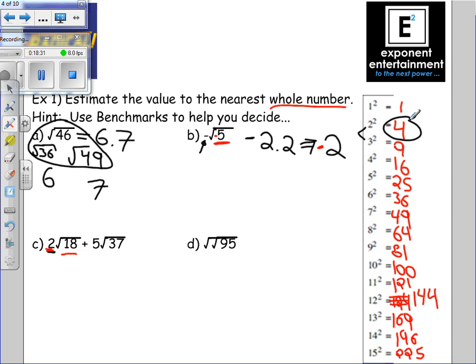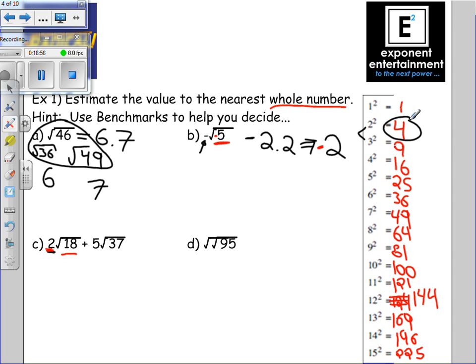Alright, let's do this as a group. Okay, ladies and gentlemen. What you had to do is estimate this square root and this square root.